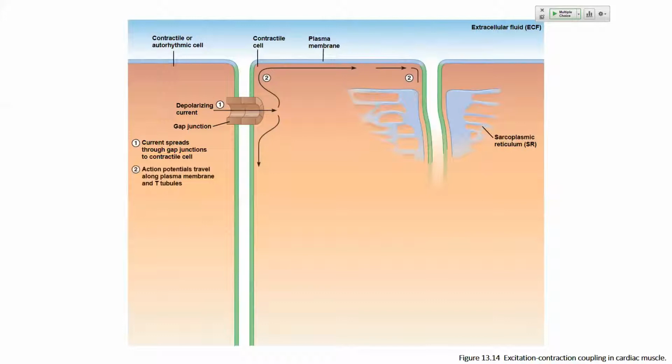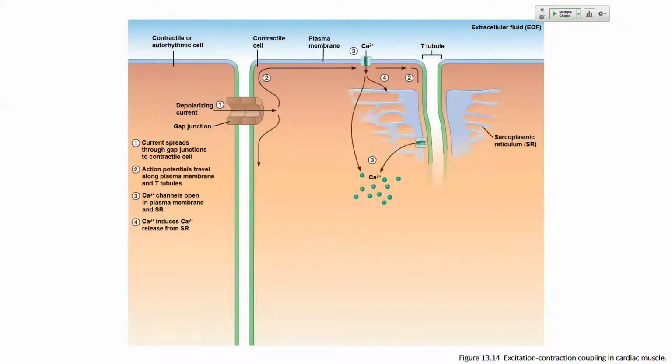It travels down the T-tubules, and then it ends up at the sarcoplasmic reticulum, where we have these voltage-gated calcium channels. Now, calcium is going to start entering the cytoplasm of the cell, and remember, it's coming from two sources. It's coming from the external environment, and it's coming from the SR. The SR is drawn in blue here. All right, so calcium is released from the SR, and then it floods the cytoplasm.